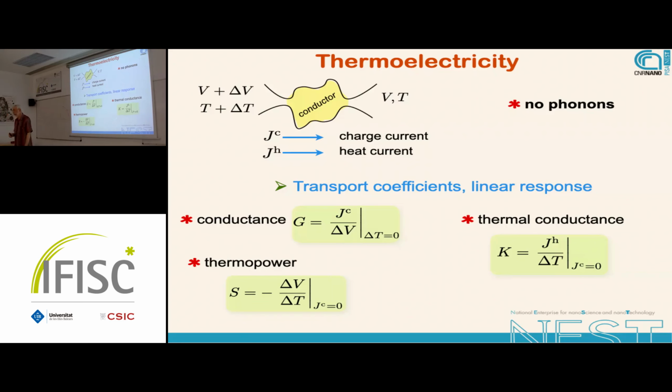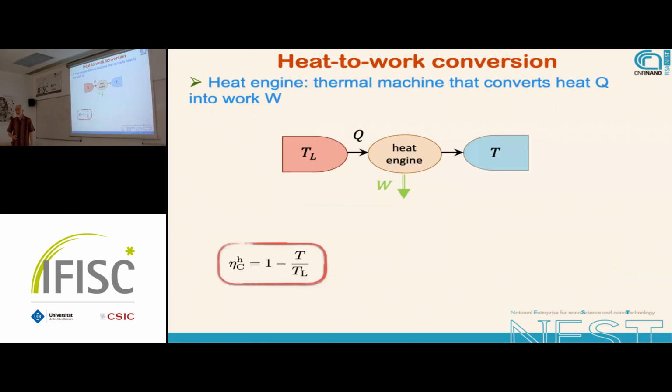Why am I speaking about this? Because these are the transport coefficients which are important when you think about your system as a heat engine, a system which converts heat into usable work. Schematically, a heat engine is something which is connected to two thermal baths, one hot and the other cold.